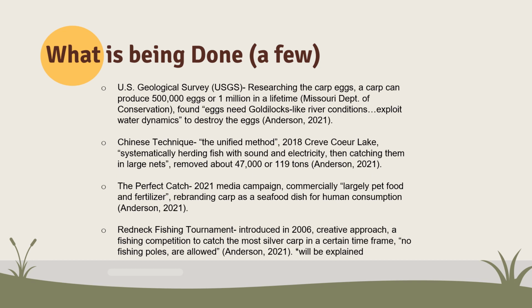So if the river is too harsh, then the eggs will be damaged and die, or if it's too soft, then again the eggs can't develop properly. And so the USGS is hoping to be able to exploit water dynamics in a way of limiting the amount of eggs that actually hatch.